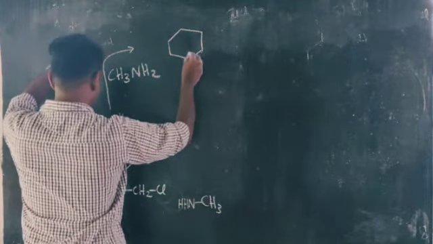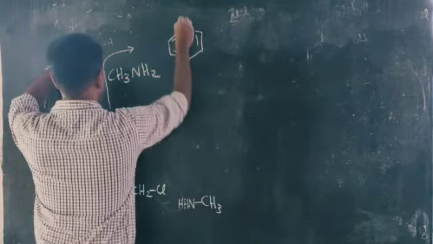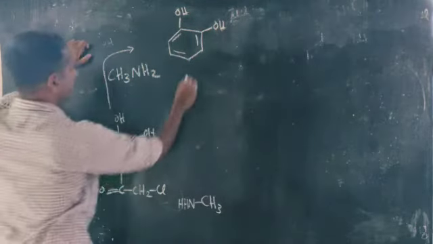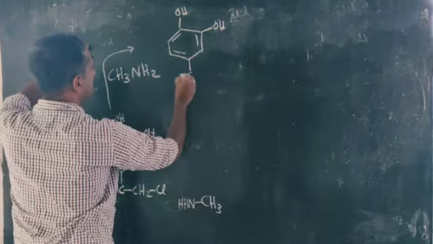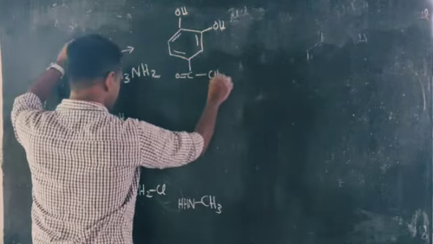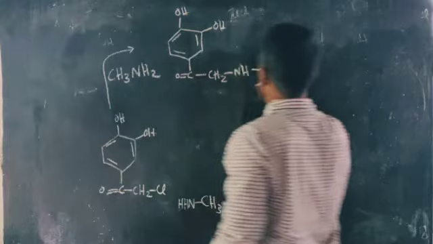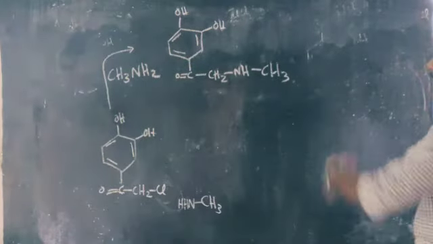Here it is OH, here it is OH, and you can see that here it will become C double bond O, CH2NHCH3. This compound is forming.